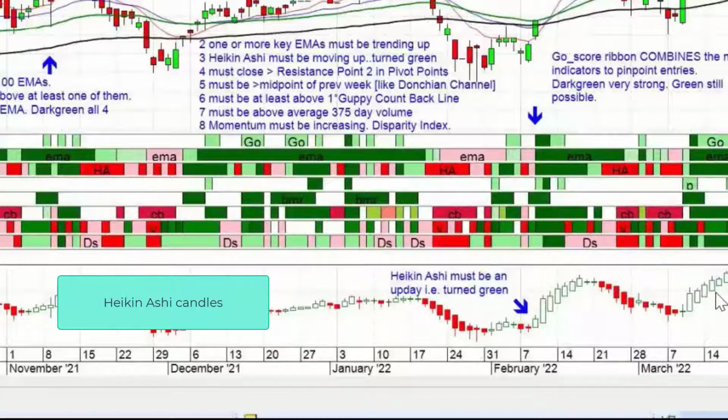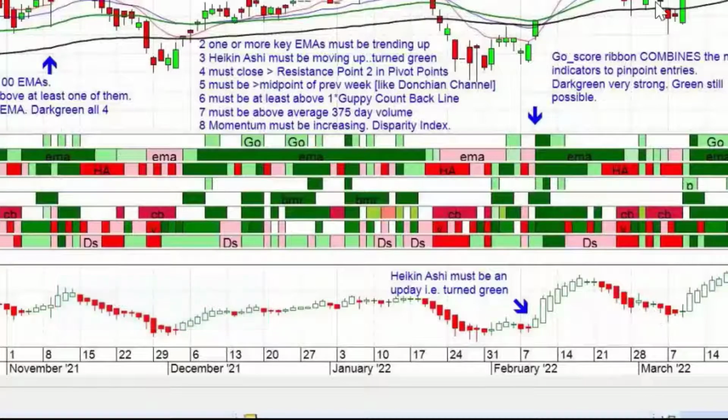I've got the Heiken Ashi up down below here, and for the purpose of the GoScore indicator, it must be an up day. Heiken Ashi takes a lot of the noise out of standard Japanese candlesticks, which I quite like.